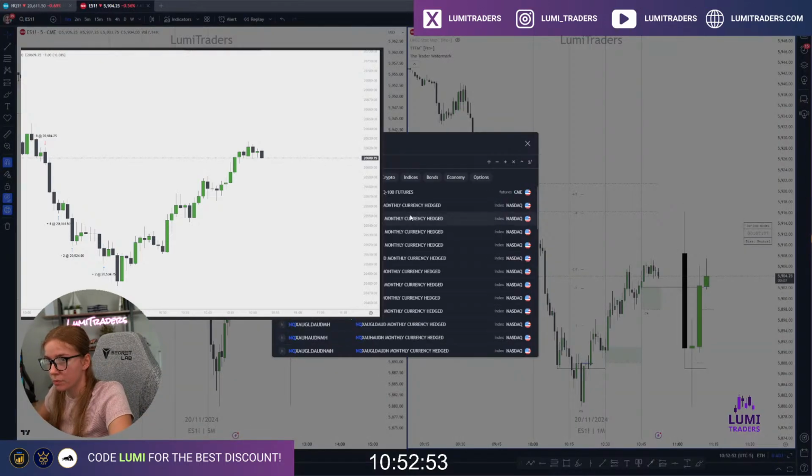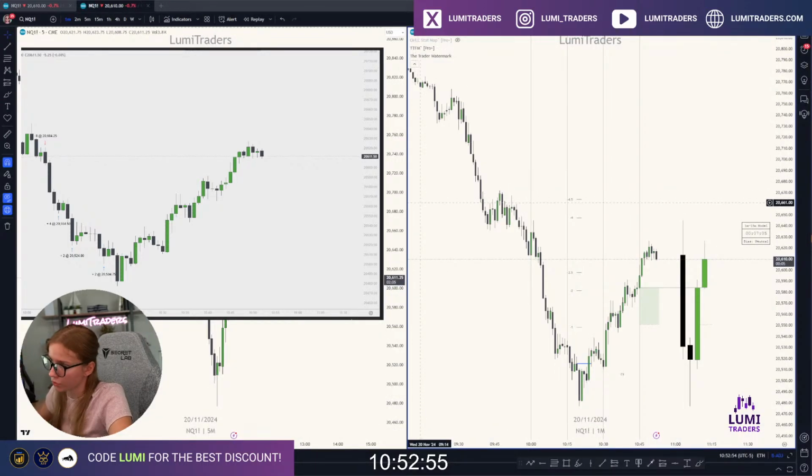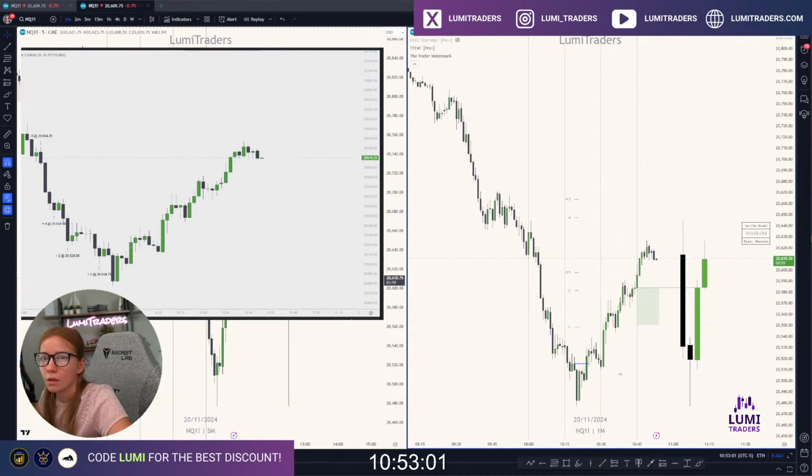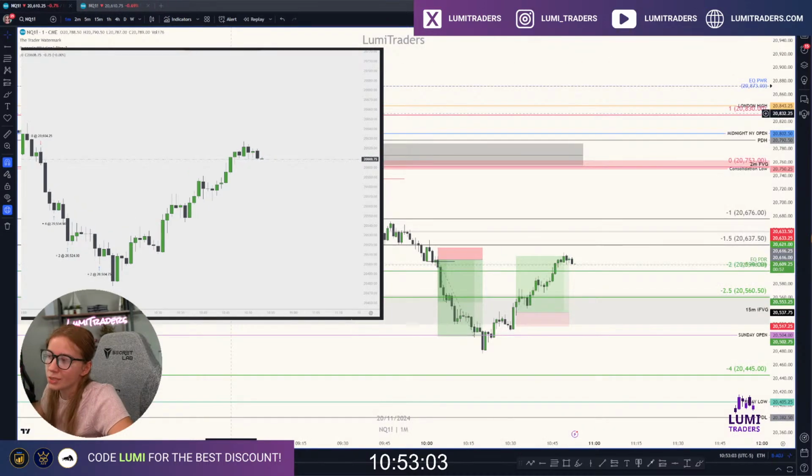But if you take lots of partials, which I recommend, then you can hold your runner. I guess nothing wrong with this at this point. Just my recommendation. If you want to hold for that, it's still like 35 points. There's no reason to trade one micro or one mini. Just make sure to take partials.